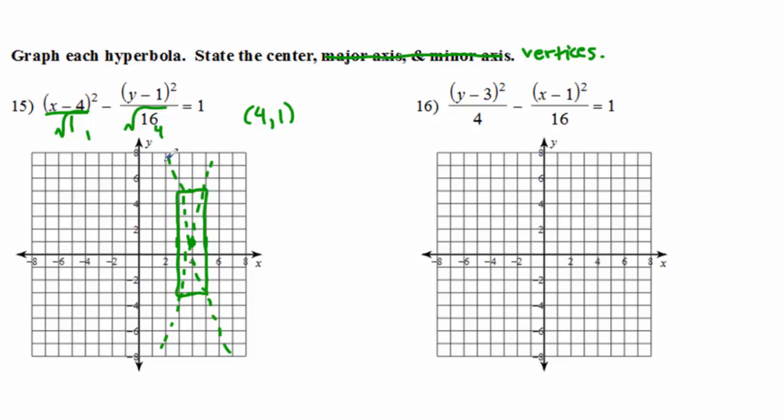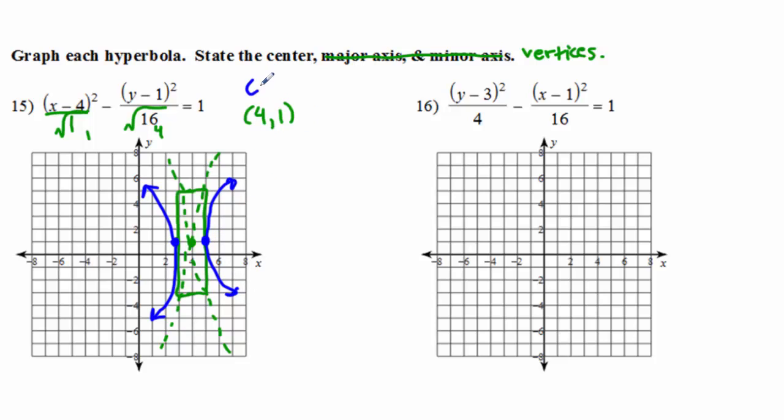It doesn't have to be perfect, it just has to get the point across. Now, I said X was first, and so that means we're going to draw from the center of our box on the left side and make it U-shaped headed towards our dotted lines. And on the right side, same deal. And so that's our hyperbola.